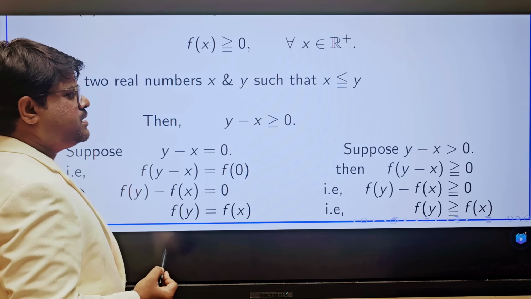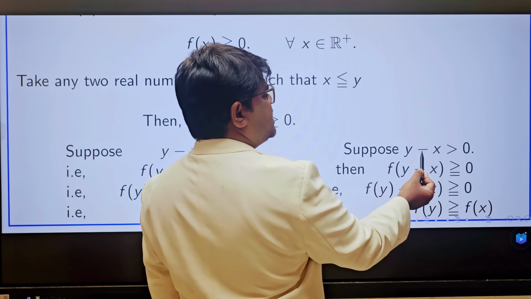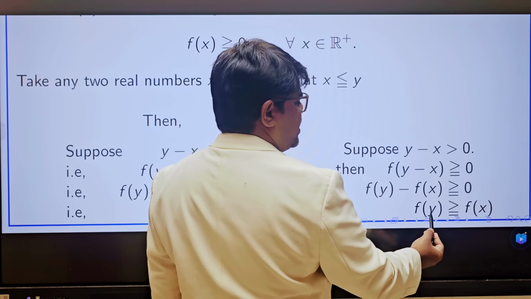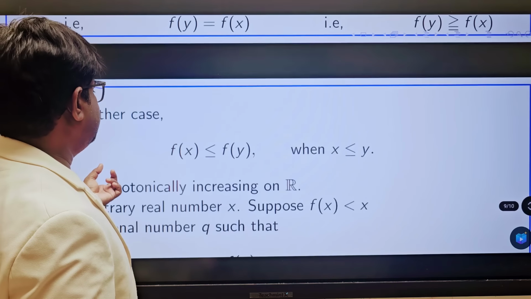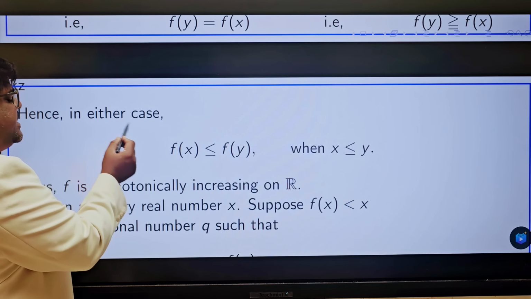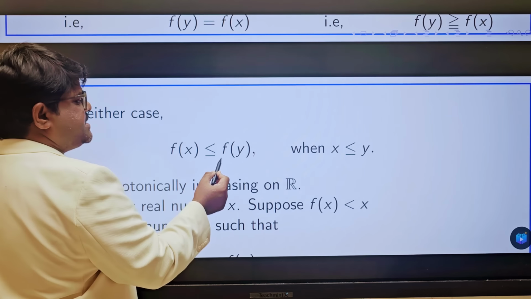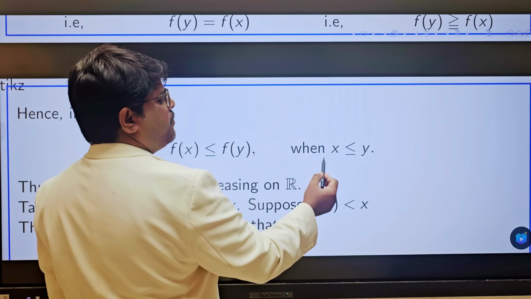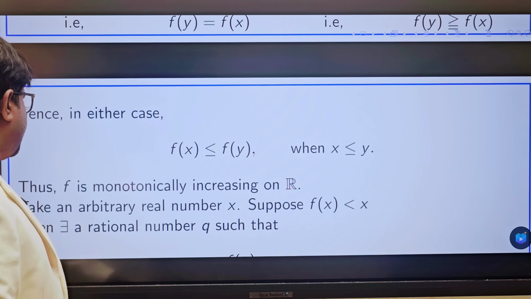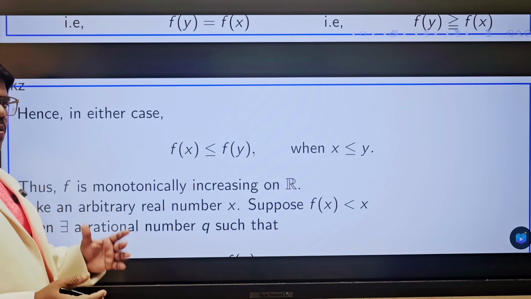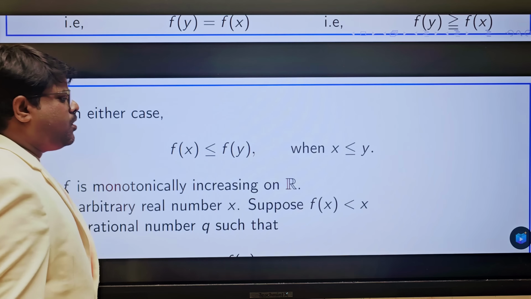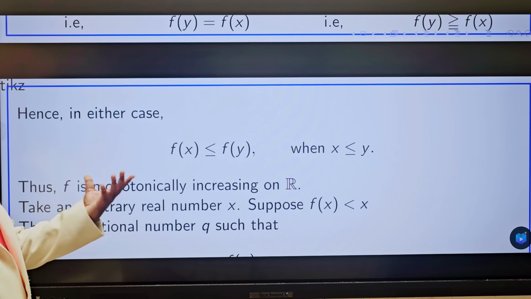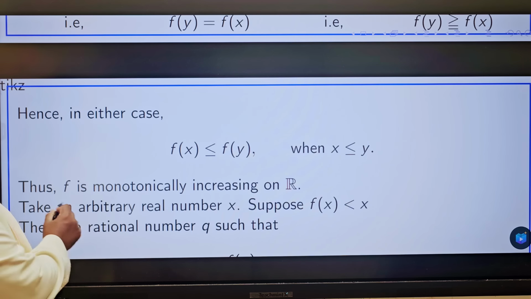Suppose y minus x is greater than 0, then f of y is greater than or equal to f of x. Hence in either case f of x is less than or equal to f of y when x is less than or equal to y. Thus we have concluded that the function f is monotonically increasing on R.